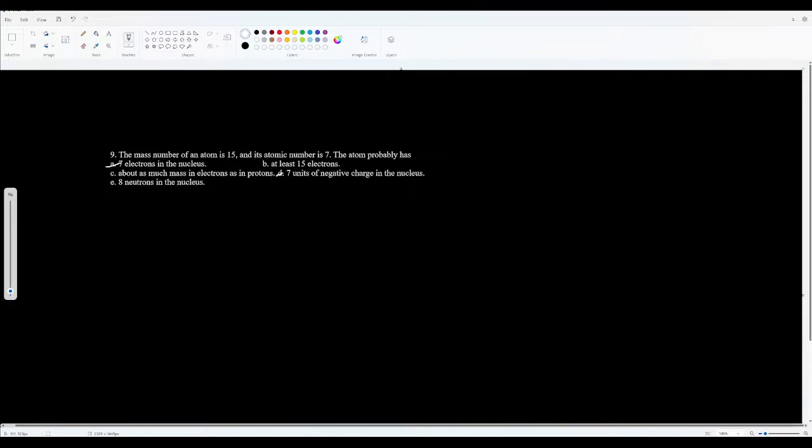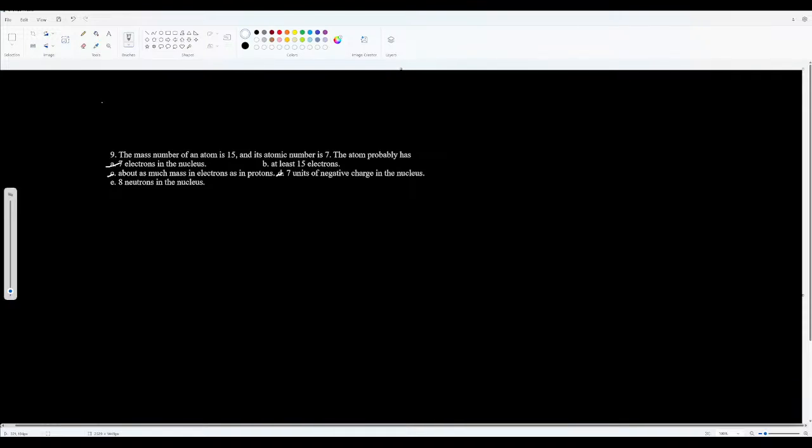D is out. About as much mass in electrons as in protons. Do you remember what we said earlier about an electron containing 1% of the mass of a proton? Again, that one's out. So what's left is at least 15 electrons and 8 neutrons.